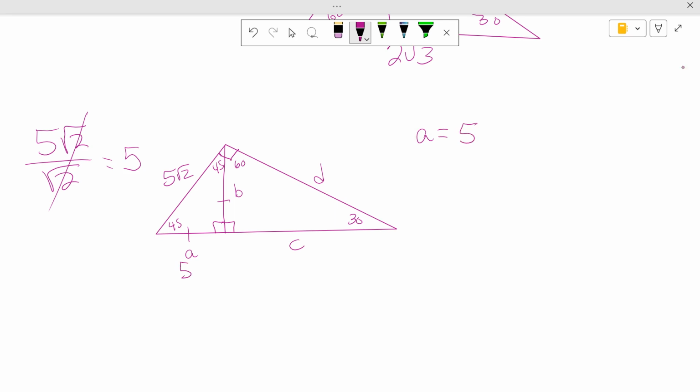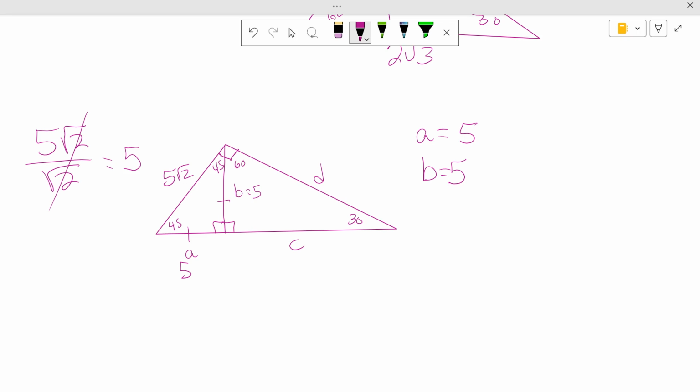What would B equal in a 45, 45, 90? Remember, these two sides are the same, so B would equal 5. Now, we know the short side of the 30, 60, 90.